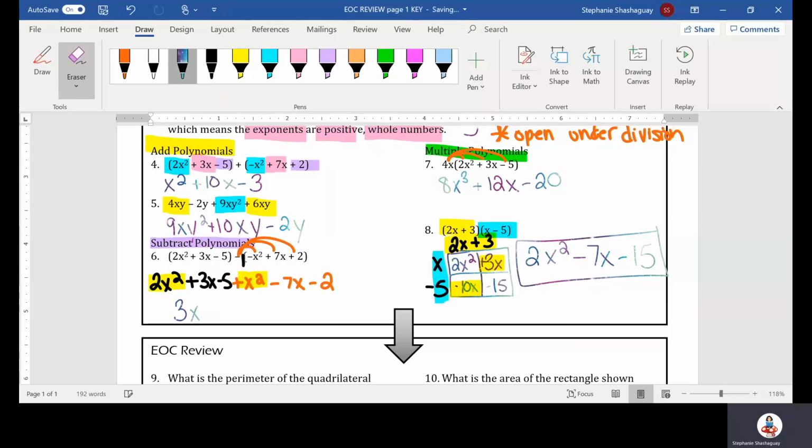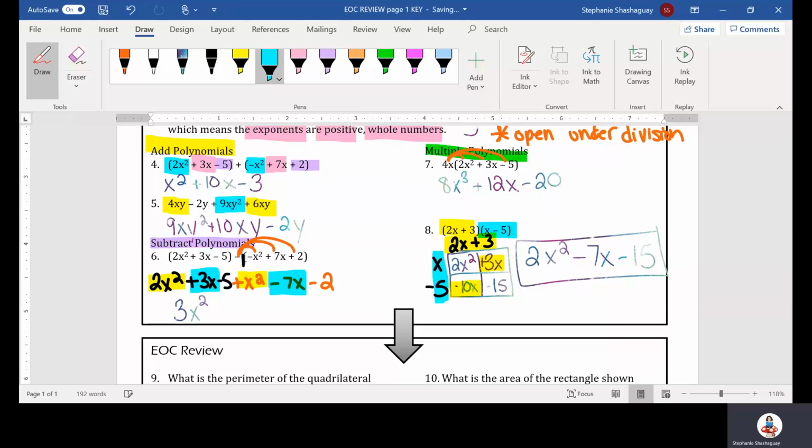Make that 2 a little neater. Then I'm going to have 3x minus 7x. Well, 3x minus 7x is going to be a negative 4x. And then I have negative 5 and negative 2. Negative 5 minus 2 more is going to be negative 7.